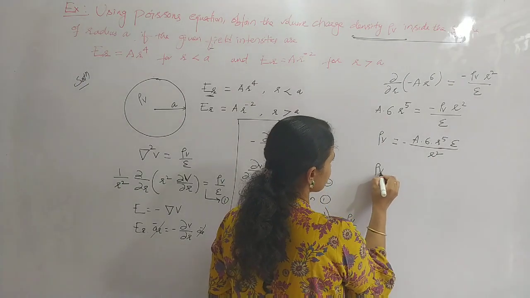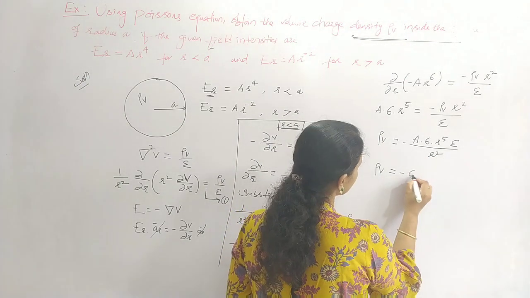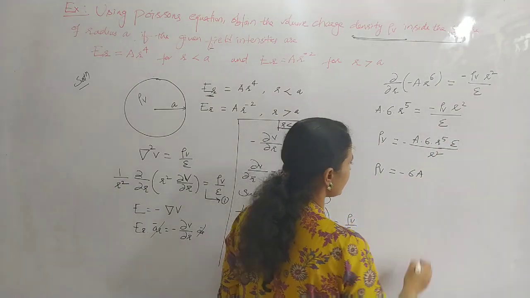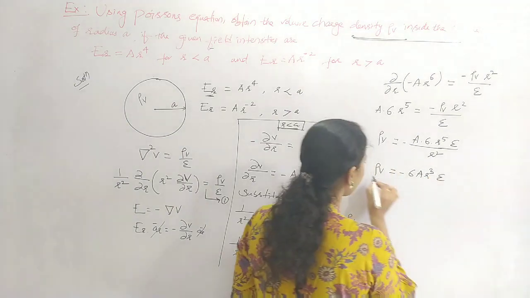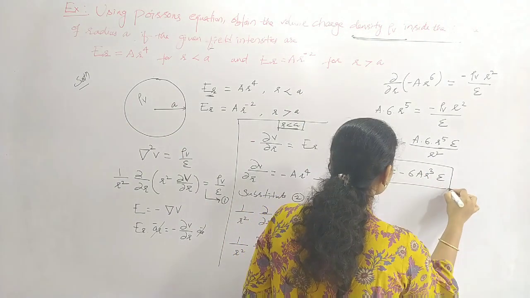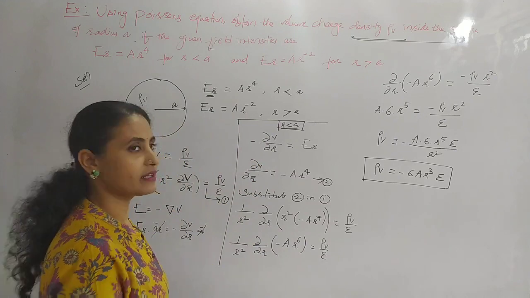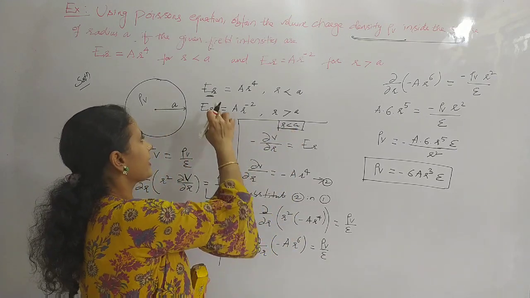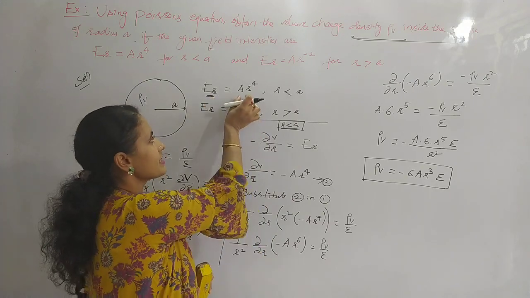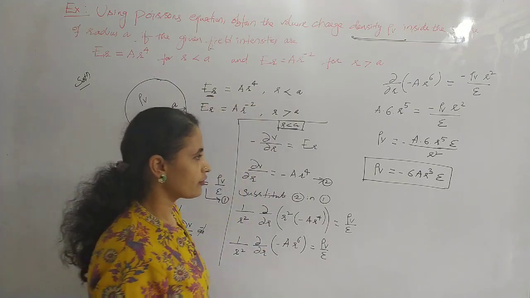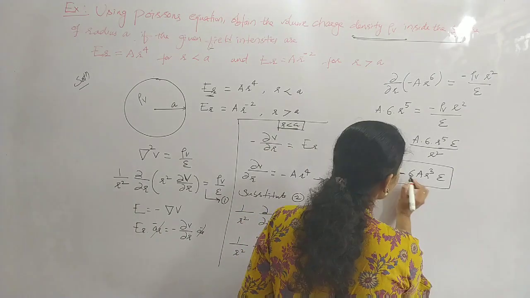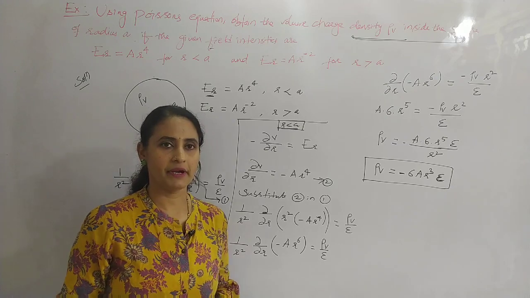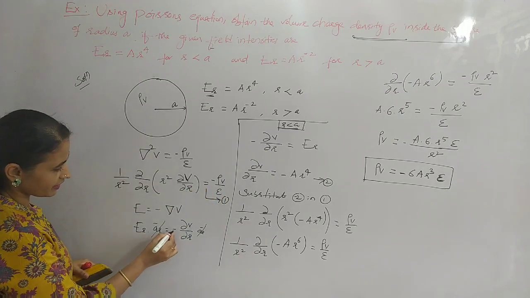So the volume charge density is given by minus 6a, so r square cancelled, r raised to 3 into epsilon. What is this? This is the volume charge density for the case where r is less than a, for which the electric field intensity is given as a r power 4, where epsilon naught is the permittivity of the medium.